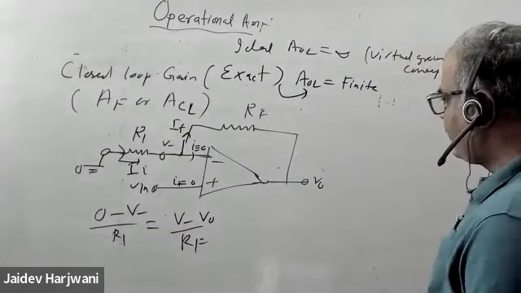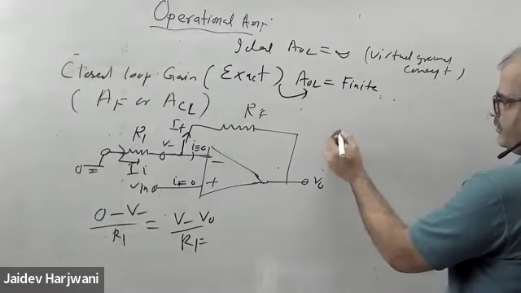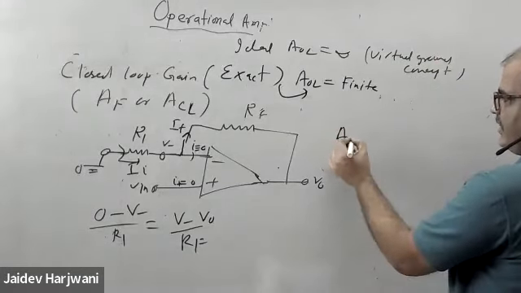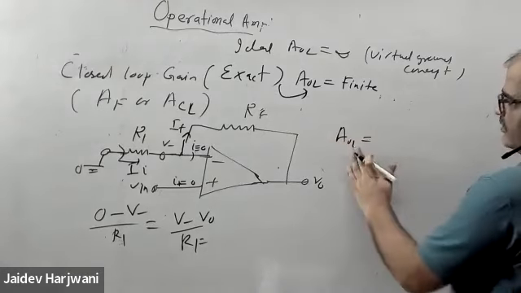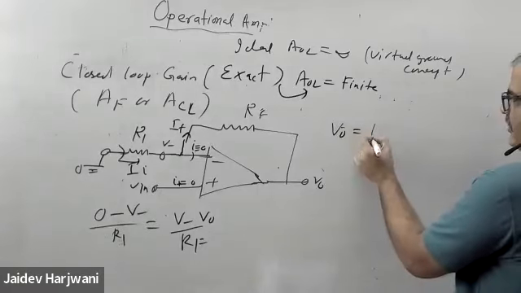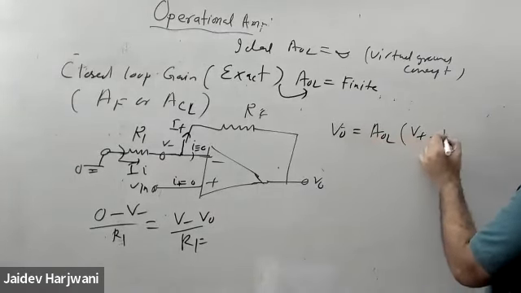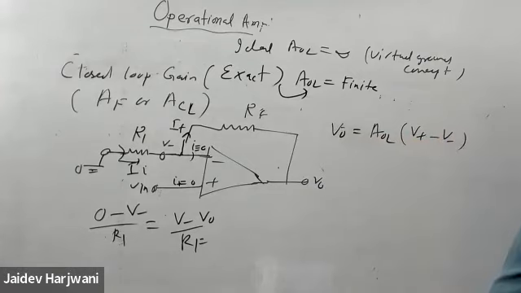Now I also know that my V output is the open loop gain into V plus minus V minus. This is my open loop gain. So in the previous case, this V minus was equal to V infinite.